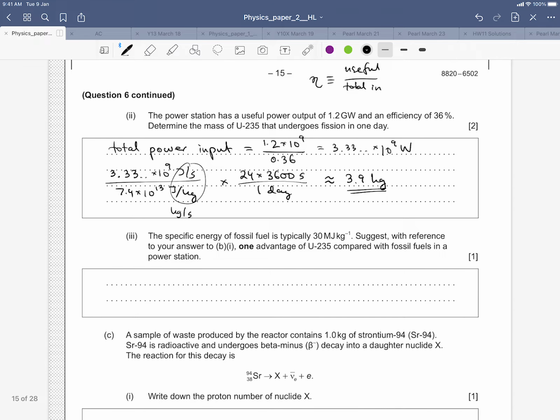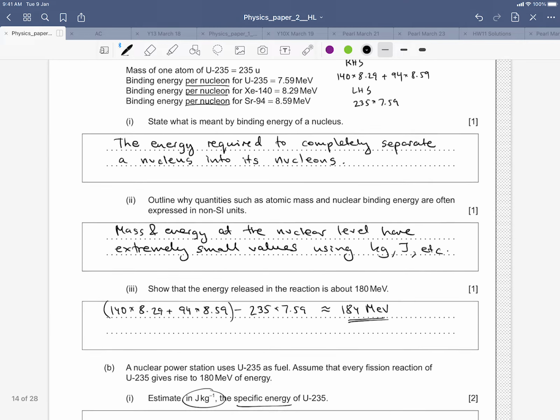Okay, so the specific energy of a fossil fuel is that amount of joules per kilogram. So mega, that's like 10 to the 6, right? 10 to the 6 joules per kilogram. Uranium was 10 to the 13 joules per kilogram. So much higher specific energy for nuclear fuel.